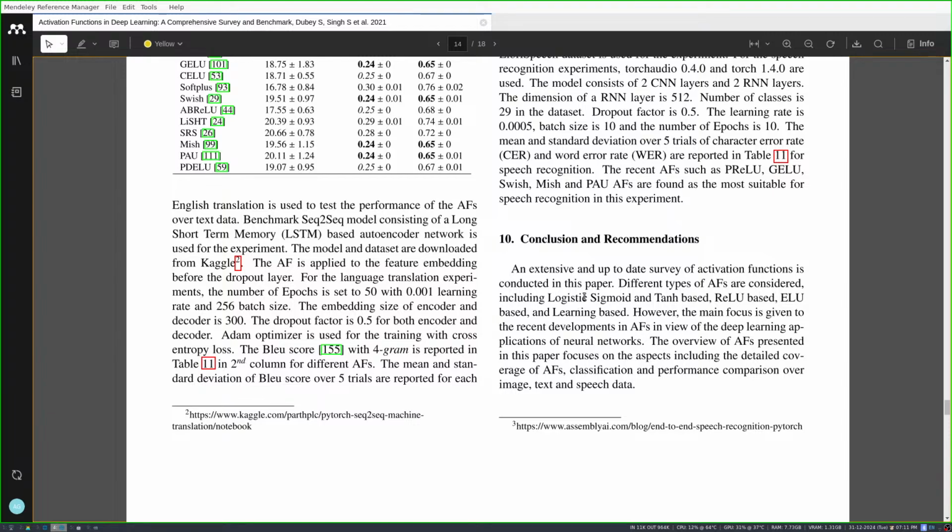Our main focus is given to the recent development in activation functions for deep learning applications of neural networks. The overview of activation functions presented in the paper focuses on aspects including detailed coverage of activation function classification and performance.